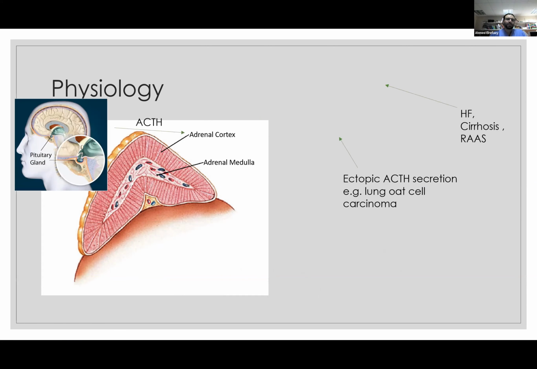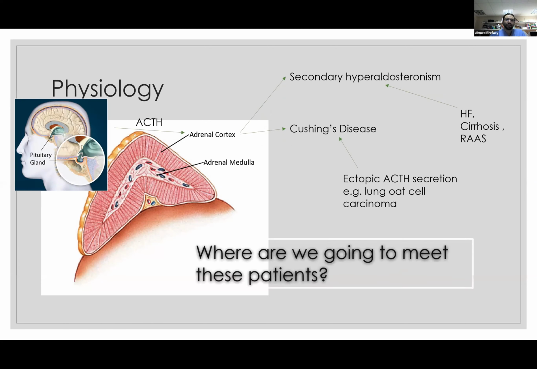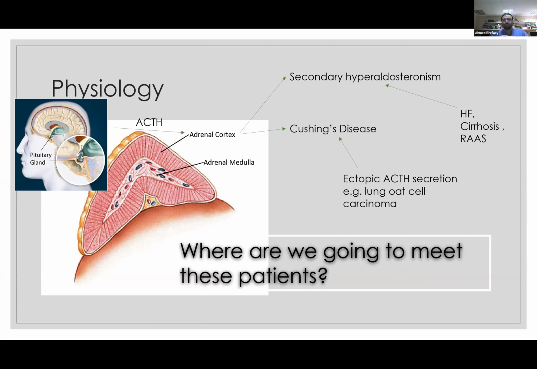And as we can see, the disease can also be in the pituitary gland, secreting more ACTH because of an adenoma in the pituitary gland acting on the adrenal cortex, causing Cushing's disease, as we discussed. And secondary hyperaldosteronism can be because of another reason as well, which is heart failure or cirrhosis.